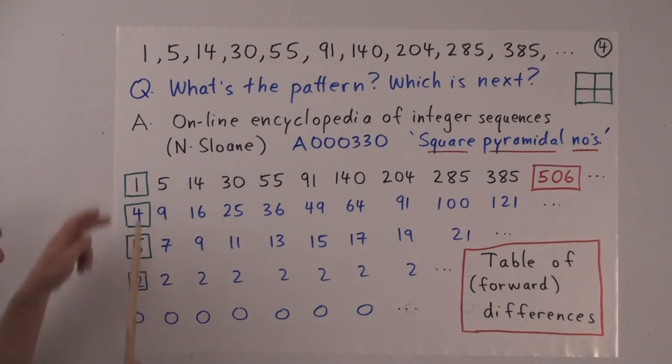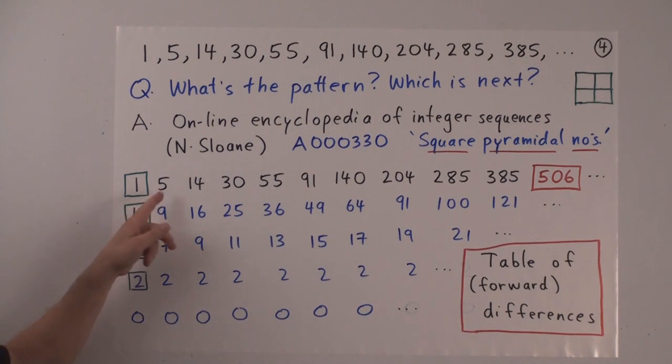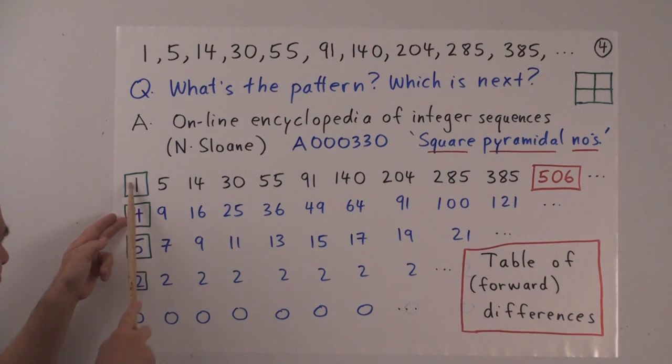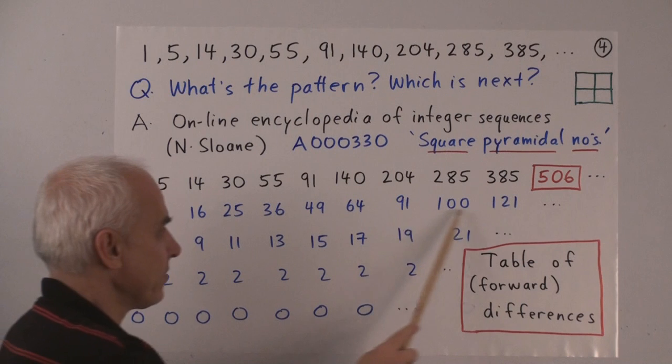You just look at the sequence and ask yourself, what's the difference between successive elements? Let's write down below each element the difference between the next one and the element that we're underneath. So 5 minus 1 is 4. There's a difference of 9 going from here to here. Difference of 16 from here to here. Difference of 25 from here to here. And so on.